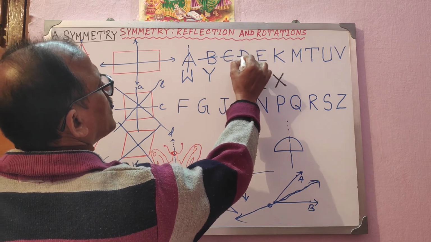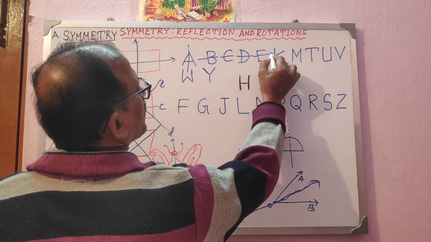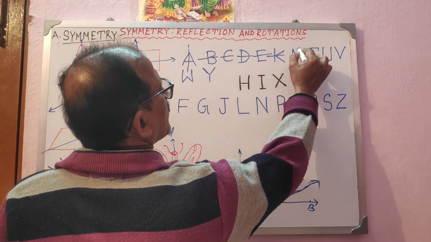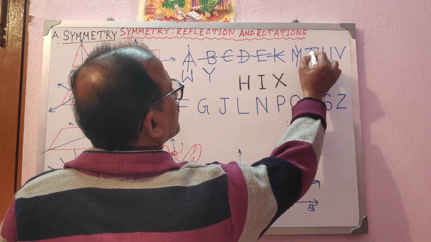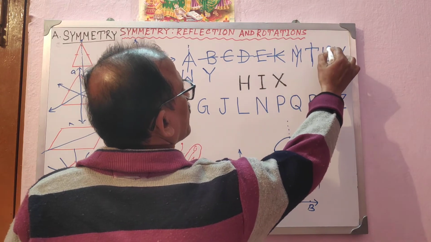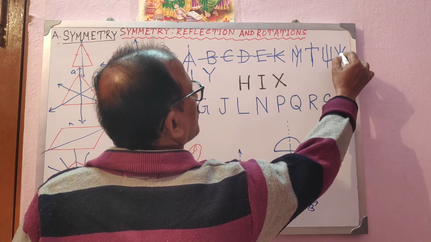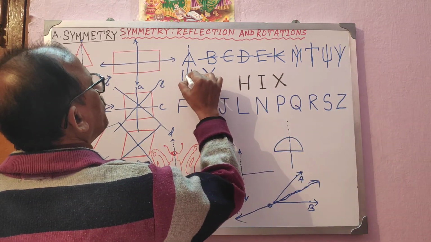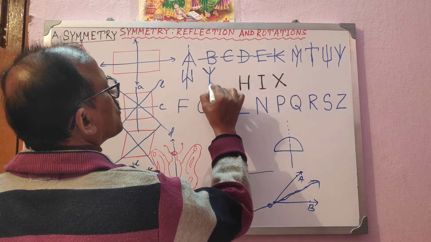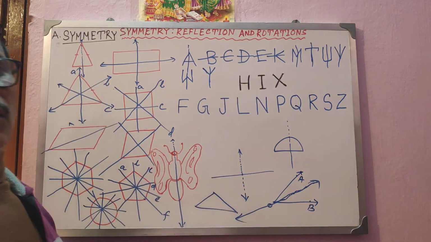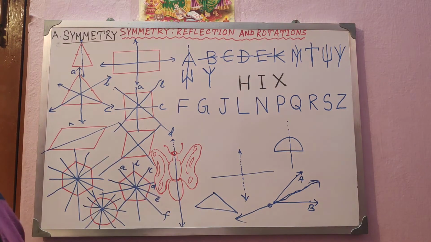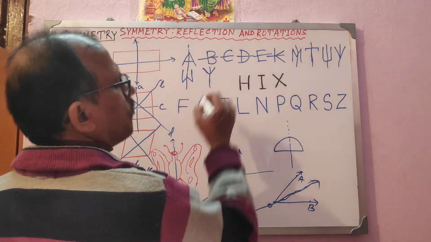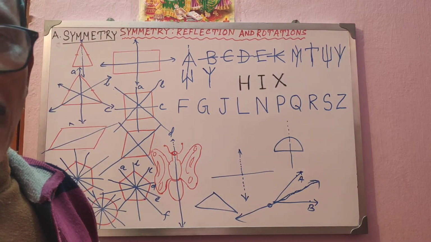Letter D, this way. Letter E this way, letter K this way, letter M this way, letter T this way, letter U this way, letter V this way, letter W will be this way, letter Y will be this way. These all will have one line of symmetry. What are the letters? A, B, C, D, E, K, M, T, U, V, W and Y. Those will have one line of symmetry in the English alphabet.